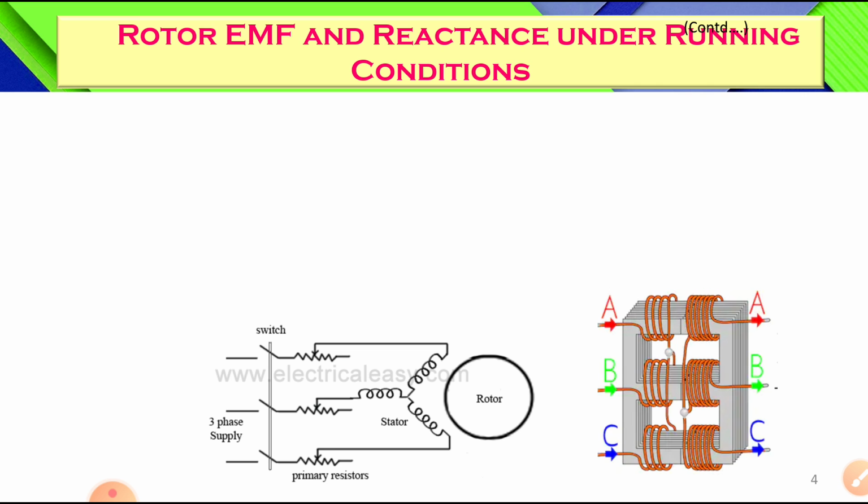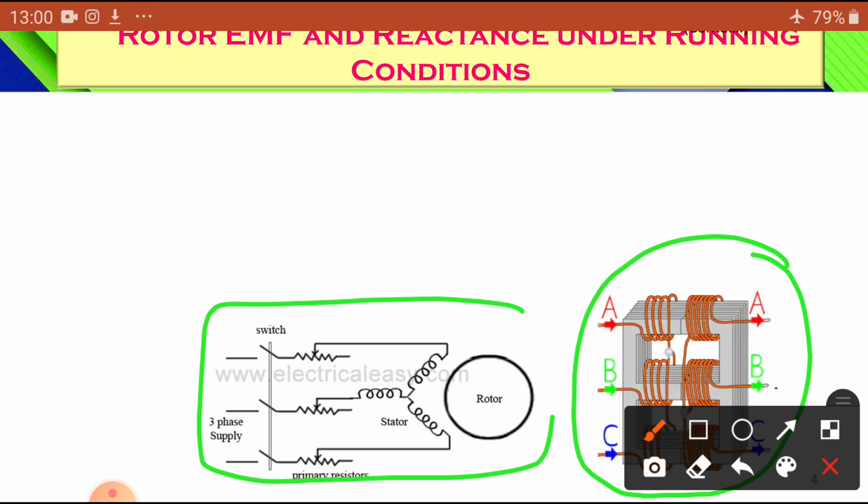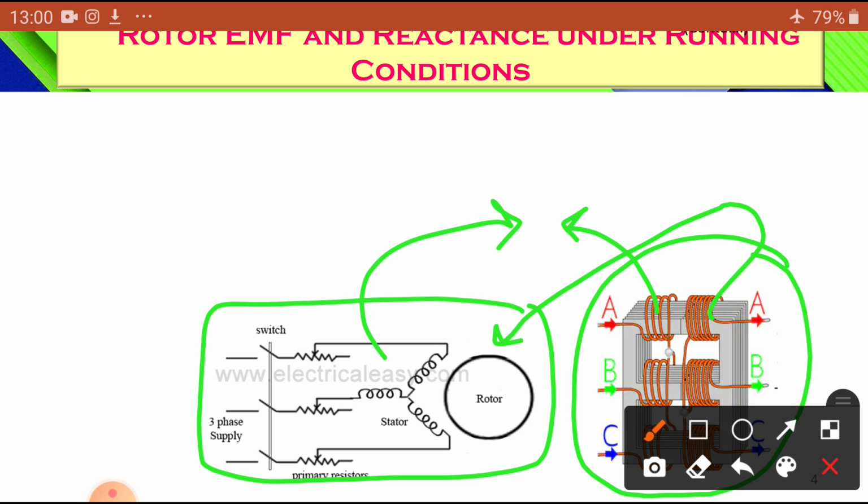As we know, this three-phase transformer is similar to our three-phase induction motor. The primary is the stator. The secondary is equal to our rotor. Under standstill condition, that means N equals 0, rotor speed equals 0.